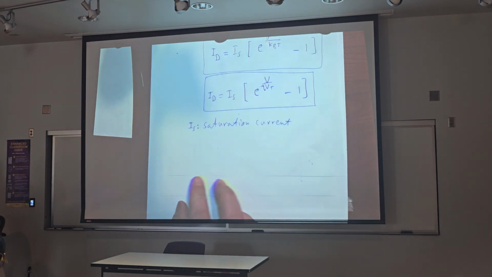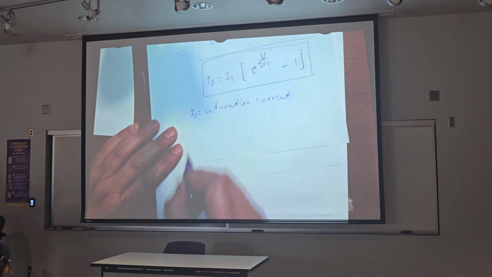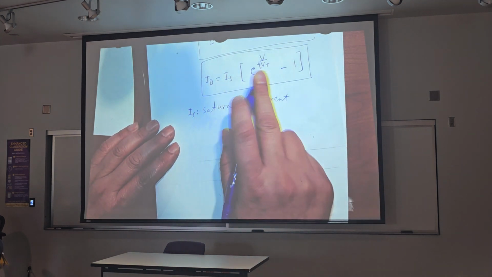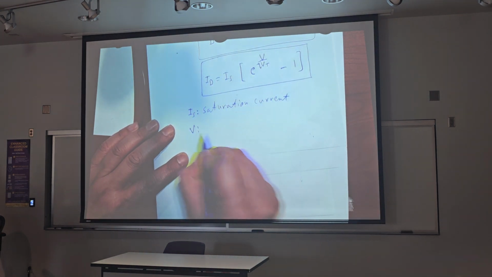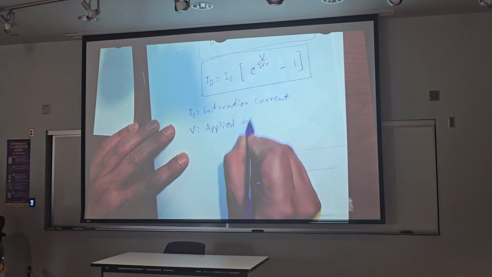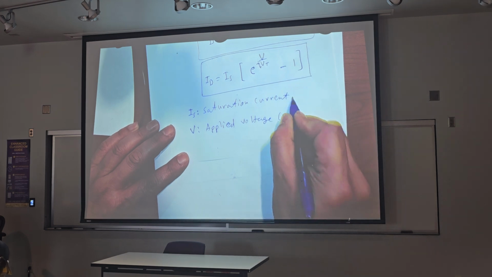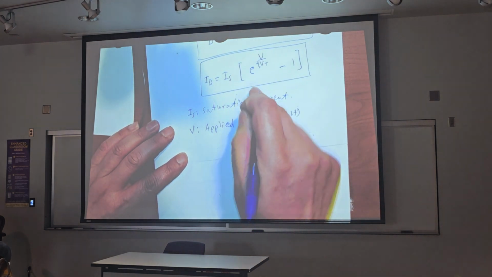Saturation current is a very small current, okay, generated at reverse bias operation. What is meant by reverse bias? I will explain now. Okay, IS, and V is the applied voltage in volts for both equations.